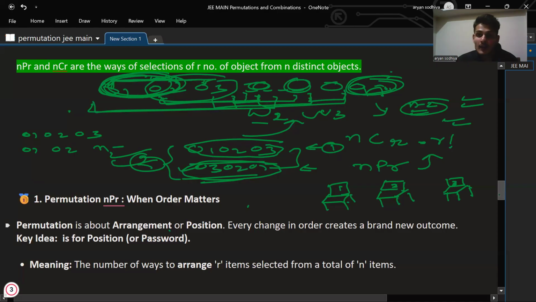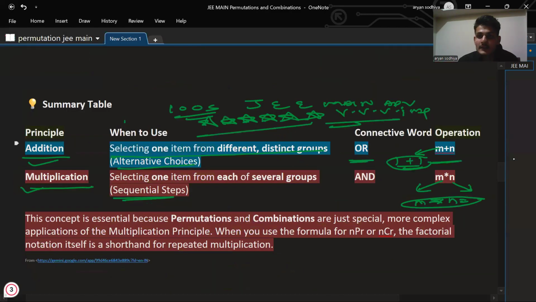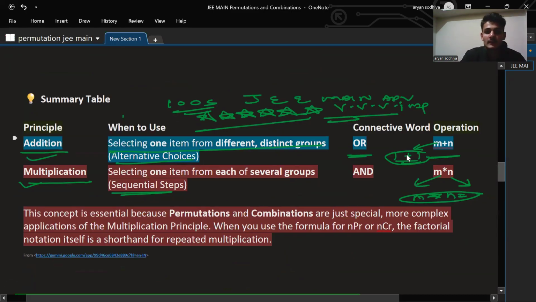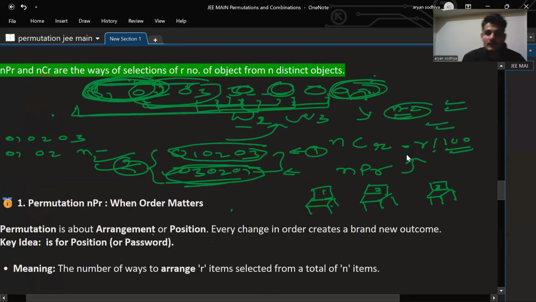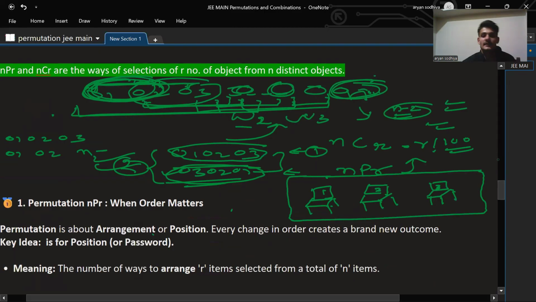Now you need to find how many ways you can arrange 100 people on these 3 chairs.